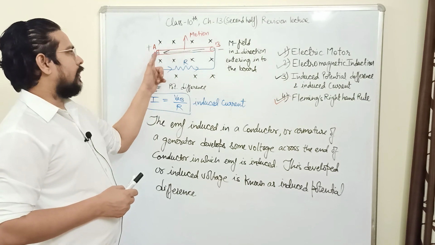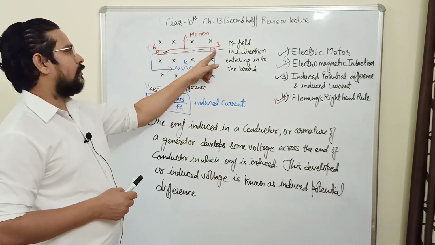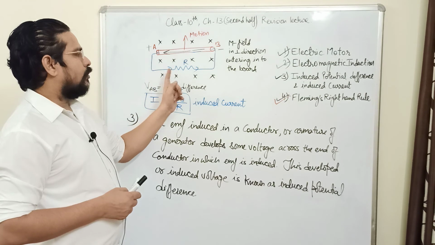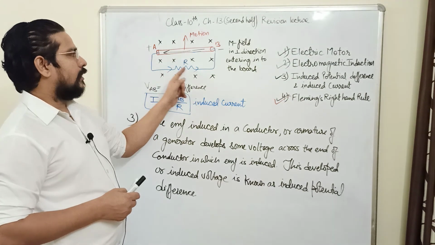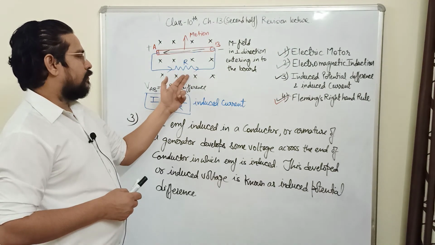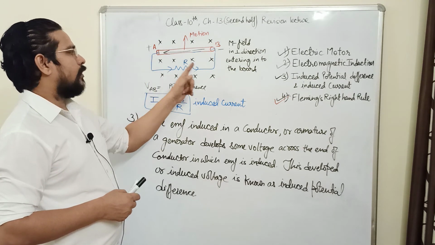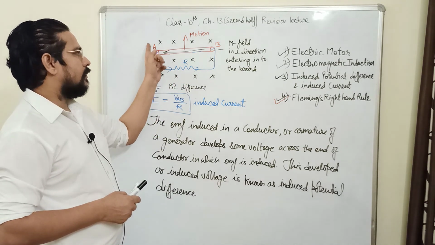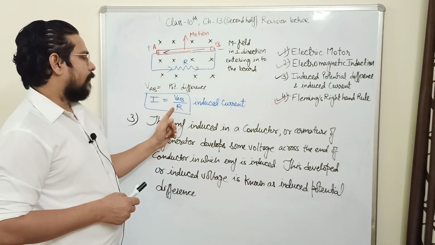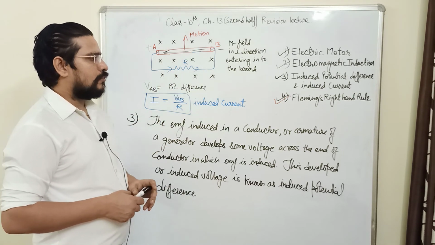And if VAB is the potential difference across the ends of the conductor, and resistance is connected across the same points, then the current which will flow through the resistance is VAB divided by R, and that is known as induced current.